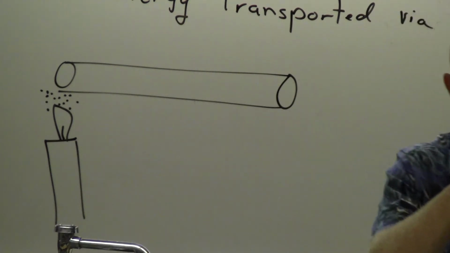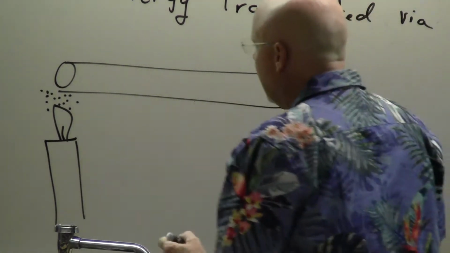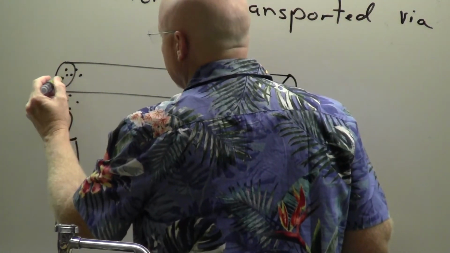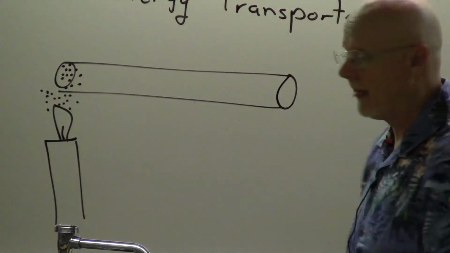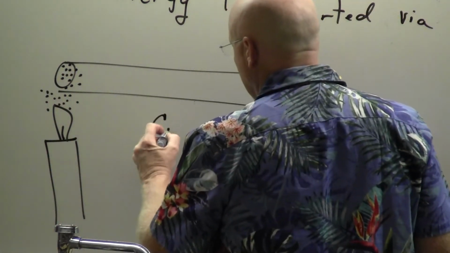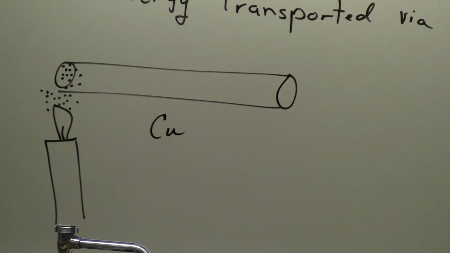That's why we call them hot. They then bump into the atoms that are at the end of this metal bar. And maybe I'll just say this metal bar is made out of copper. So I've got this copper metal bar. That one end of it, they're going very fast.